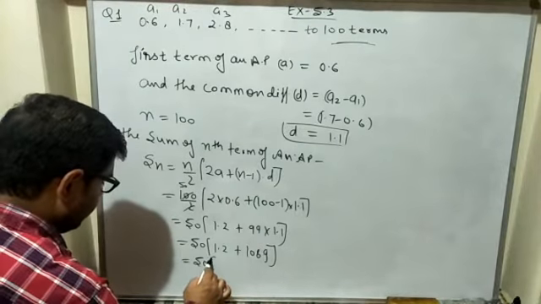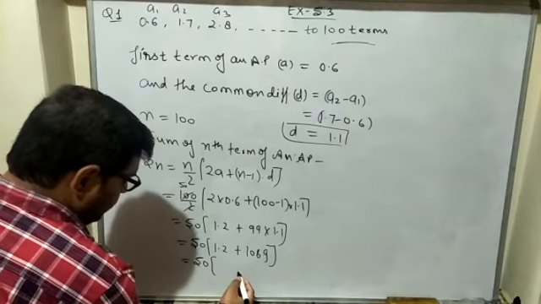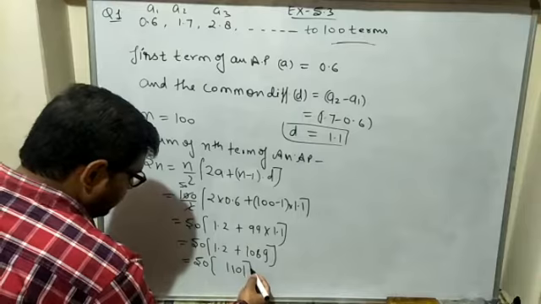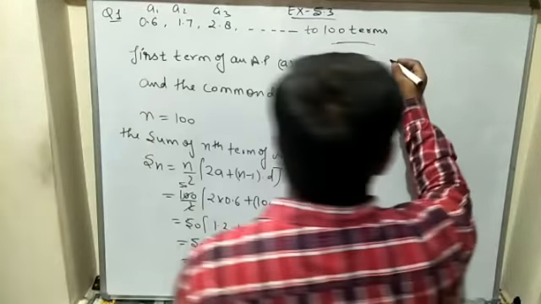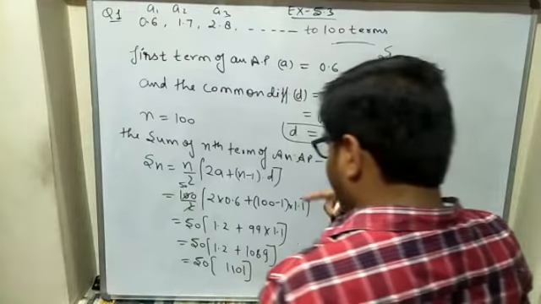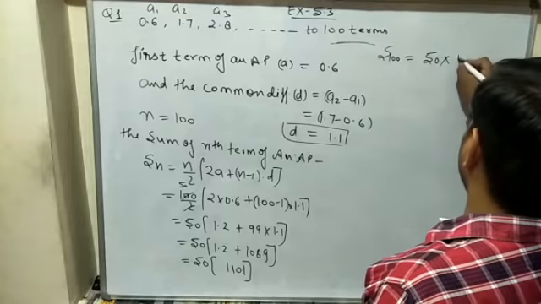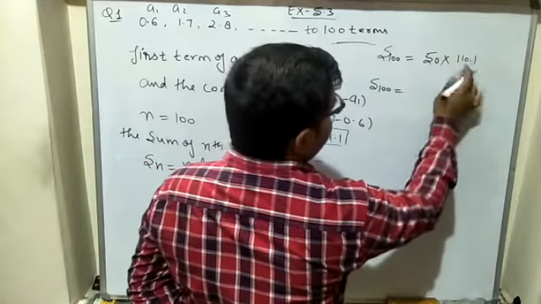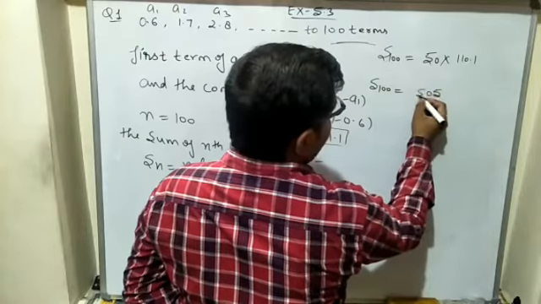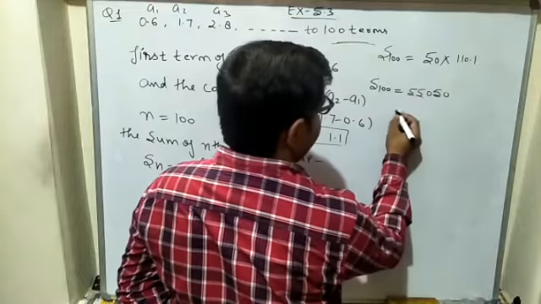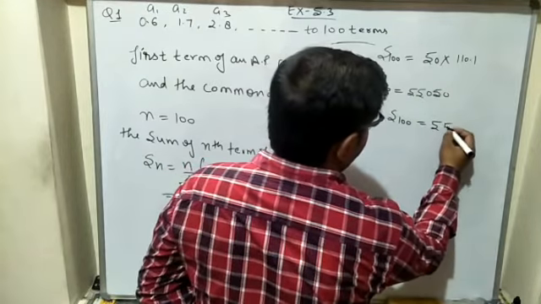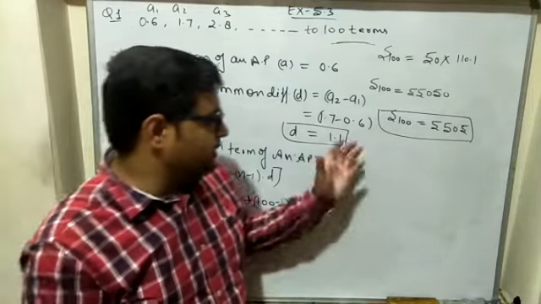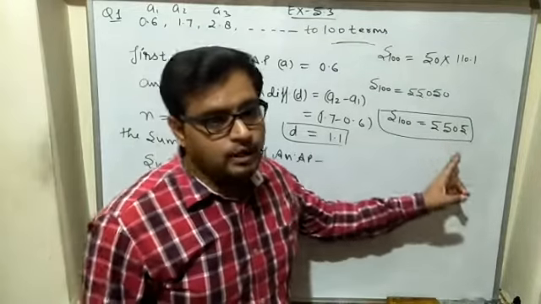Adding these two, we get 110.1. So S100 equals 50 into 110.1. Multiplying by 5, we get 5505, applying the decimal after one digit for the zero. So the sum of the 100 terms of the AP is 5505.